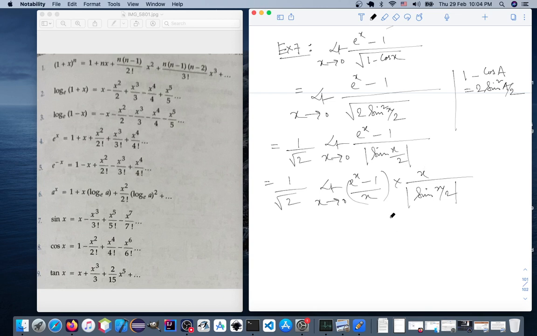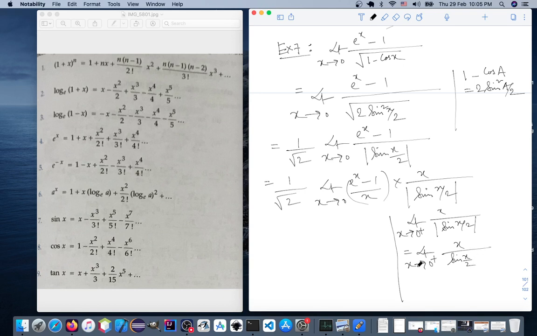Let's see, x tending to 0 positive, x by mod sine x by 2 is x by sine x by 2.